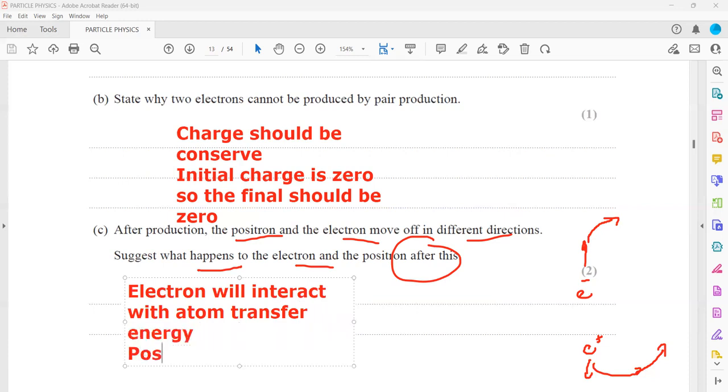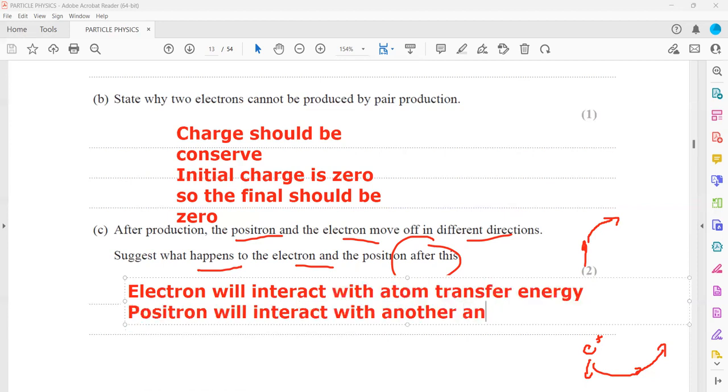The second, what will happen to the positron? The positron will interact with another electron and annihilate. So annihilation is a possibility that will occur.